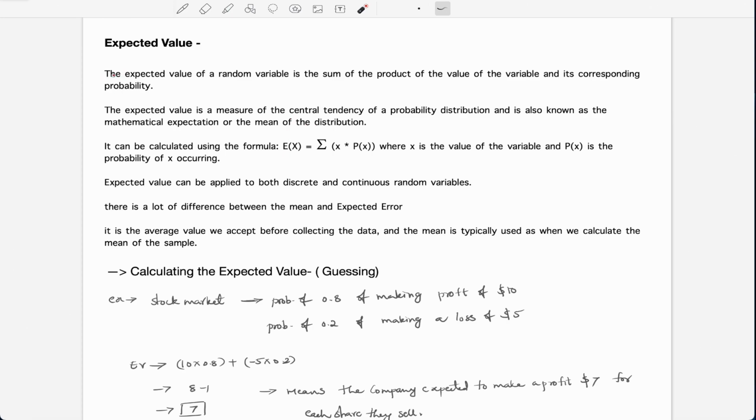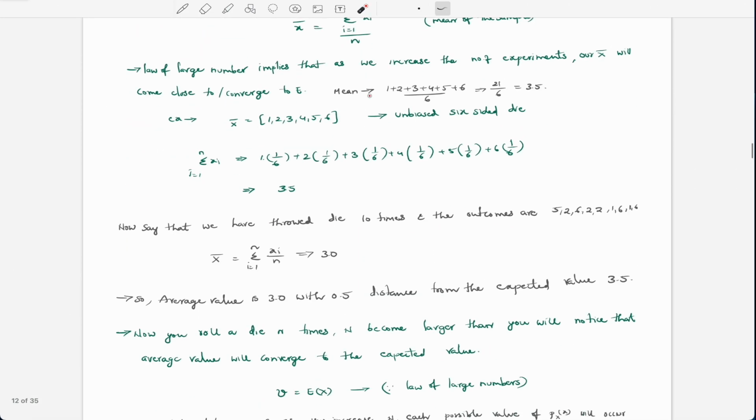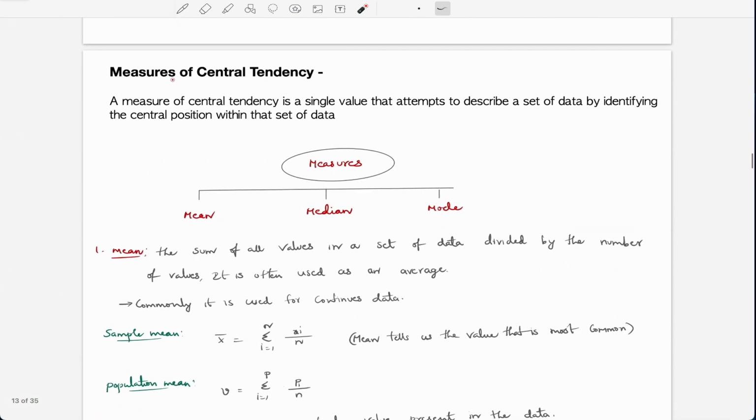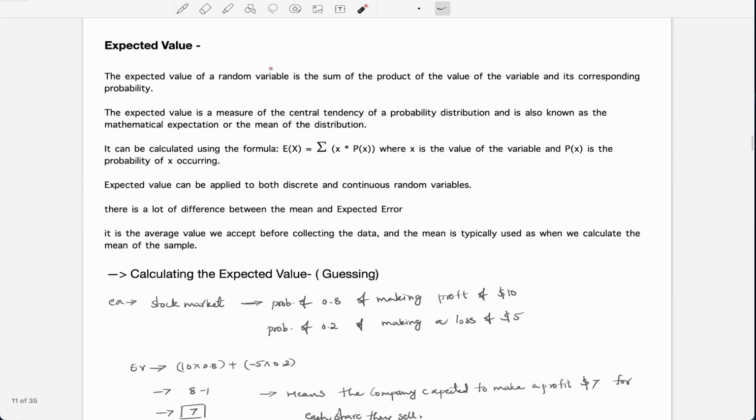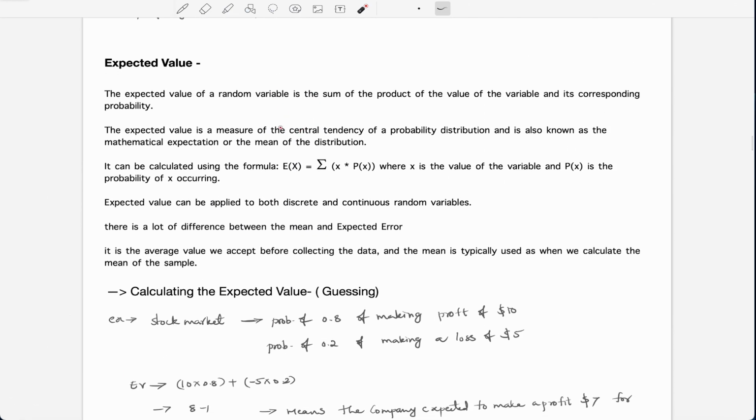The expected value of a random variable is the sum of the products of each value of the variable and its corresponding probability. It is a measure of the central tendency of a probability distribution. We are going to cover central tendency in our next lecture.